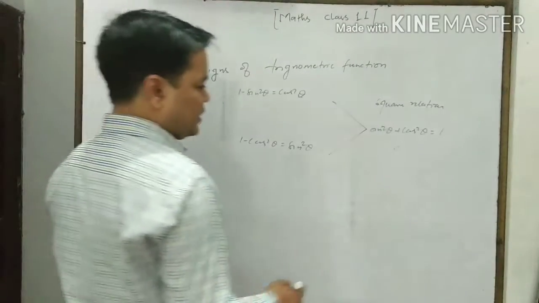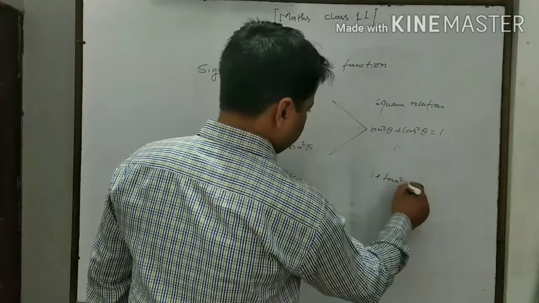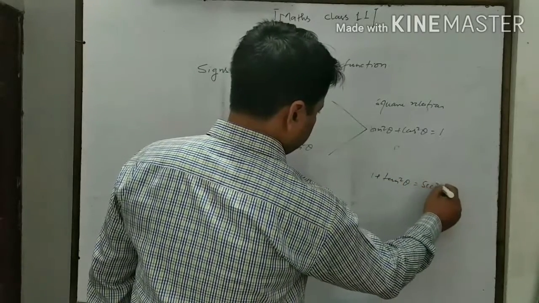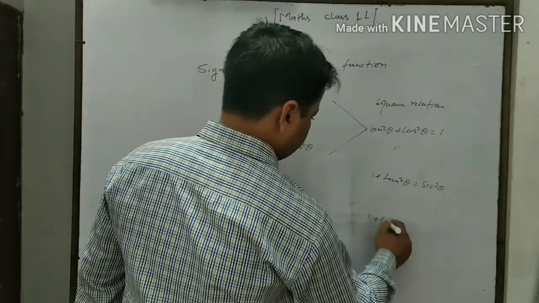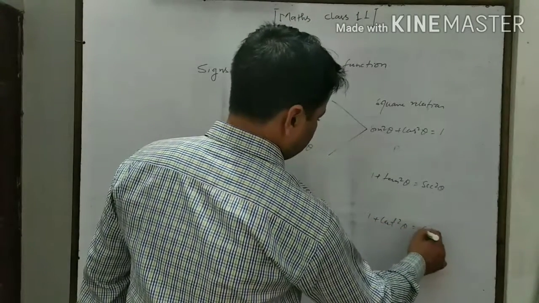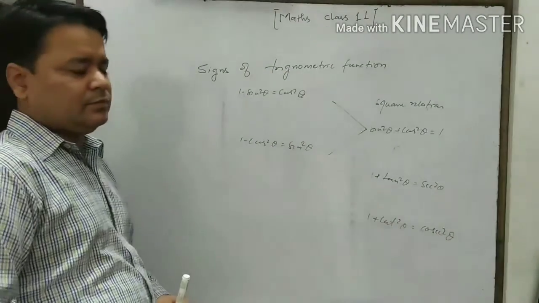The next one, 1 plus tan square theta is equal to sec square theta, and 1 plus cot square theta is equal to cosec square theta.